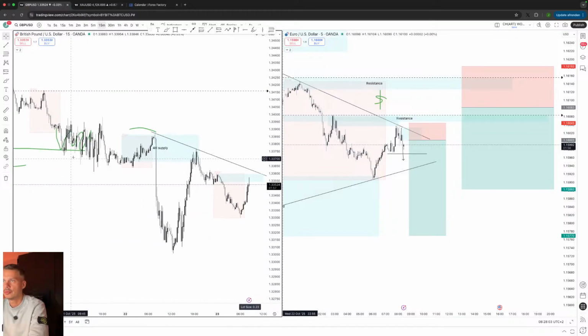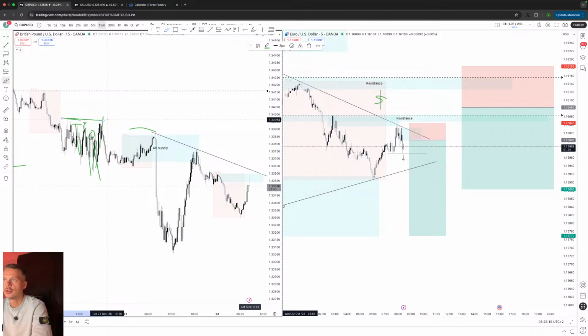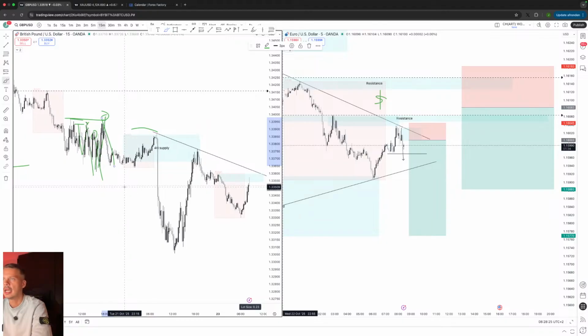Let me show you. It's just too clean of structure, right? So what do we see? Price comes into supply, breaks in, comes into supply, breaks in, comes into supply, breaks bearish. Then what happens is they sweep all those traders and then the real move is happening. How clean, right? How clean.